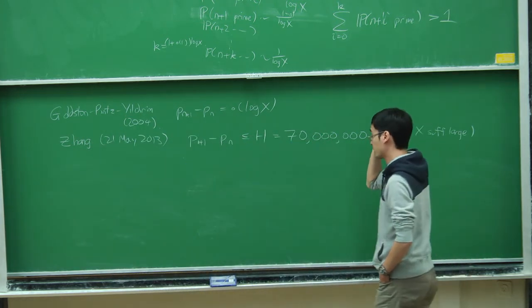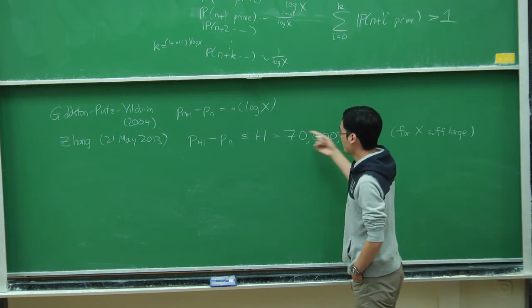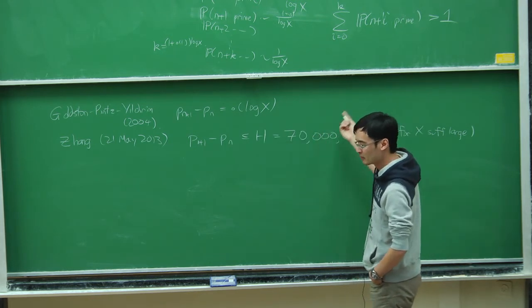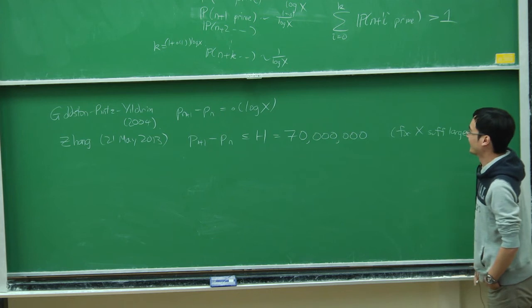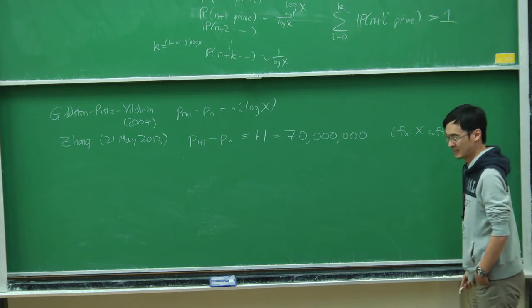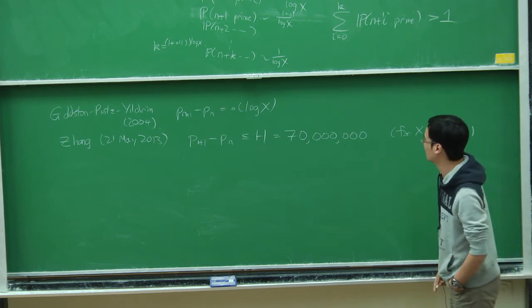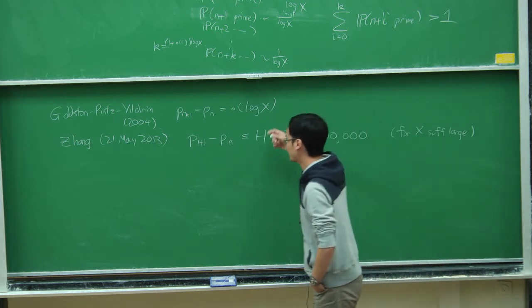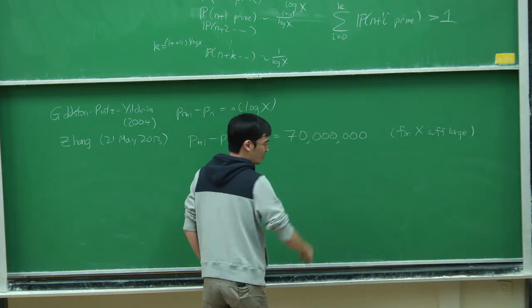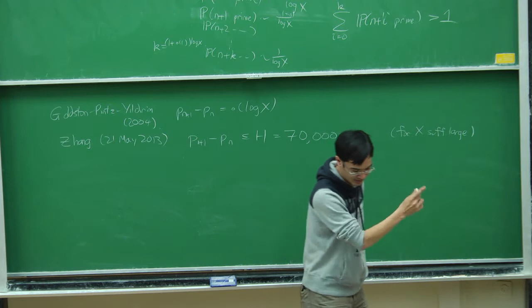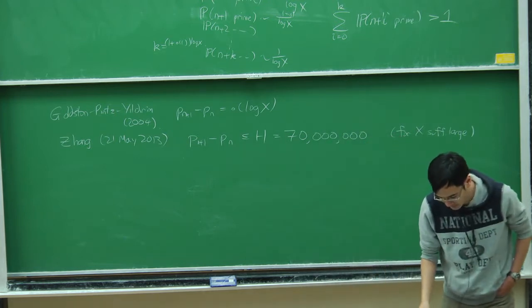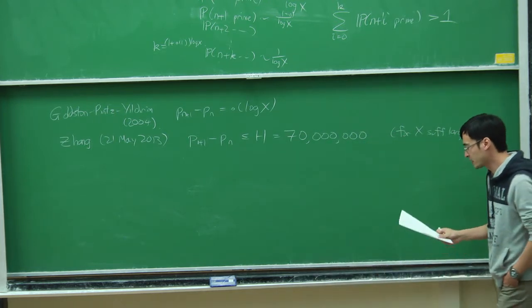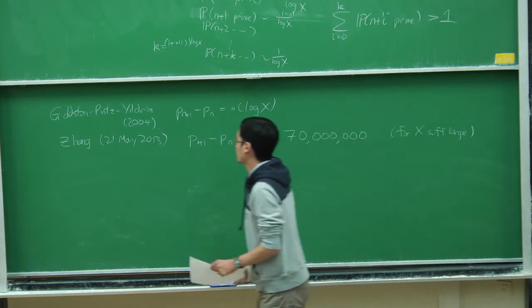And then very, very soon after Zhang wrote his paper, he wrote that this bound is not optimal, but he was not going to try to improve it. But it was very, very tempting to start improving it. I think within weeks of this paper coming out, just over the internet, people were saying, I can move this 70 million down to 60 million, 50 million, and so forth. So eventually we organized what's called a polymath project.